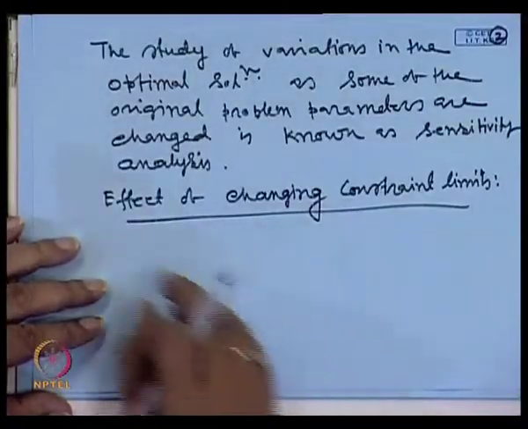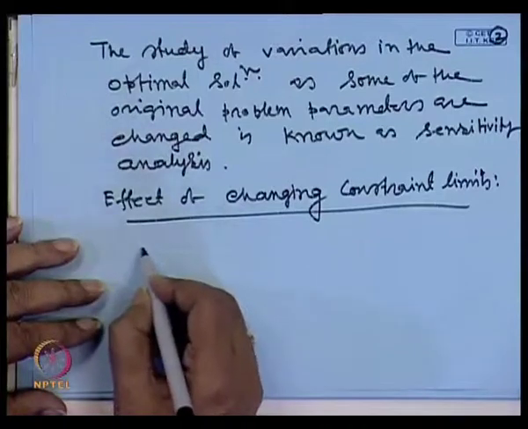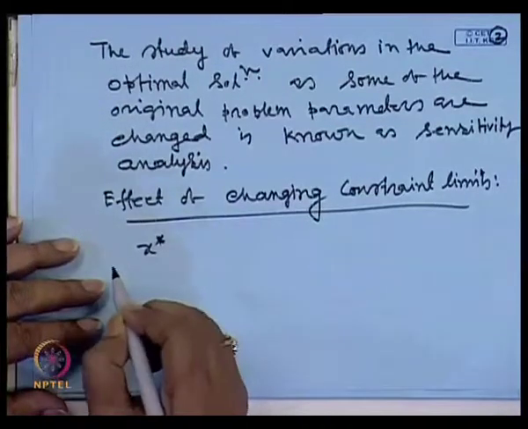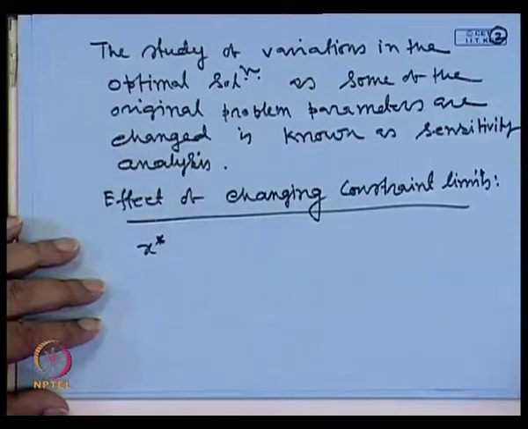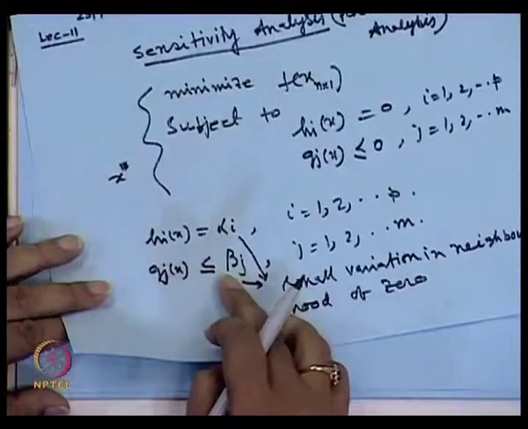So, naturally, let us call x star the optimal solution which we will obtain due to the parameter variation of alpha i and beta j.